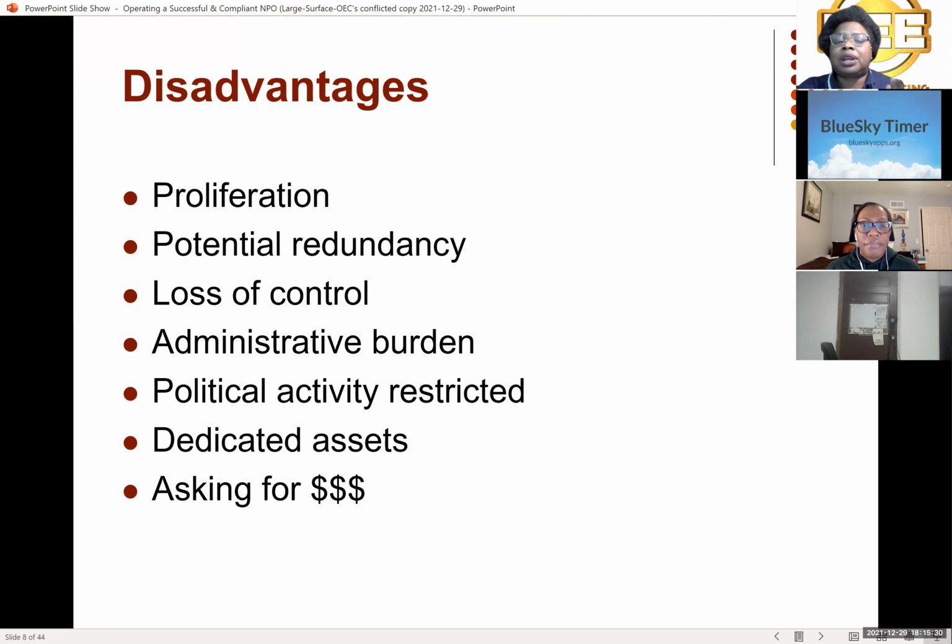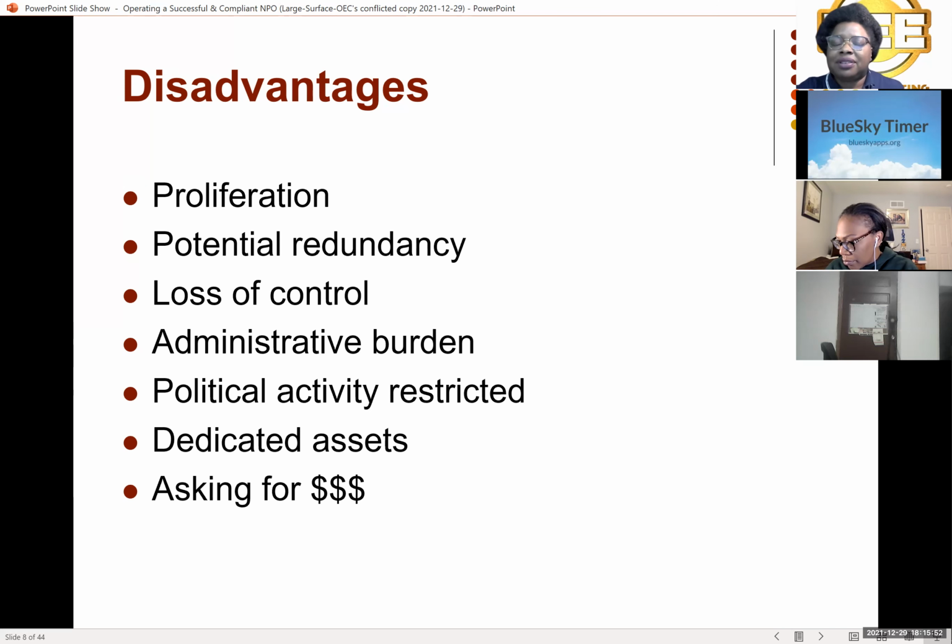So that means we can have potential redundancy. One thing I say is before you go through all the paperwork, the cost and the time, make sure there's a need in the market that you think has that need. I would do your marketing just like if you're going to start a for-profit. Are there people in need?